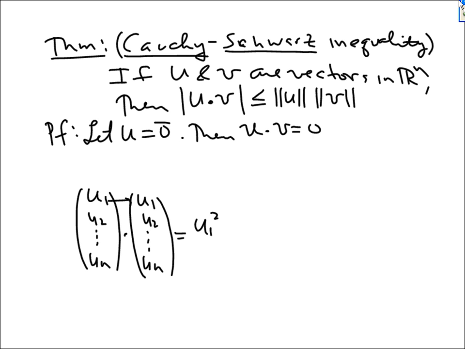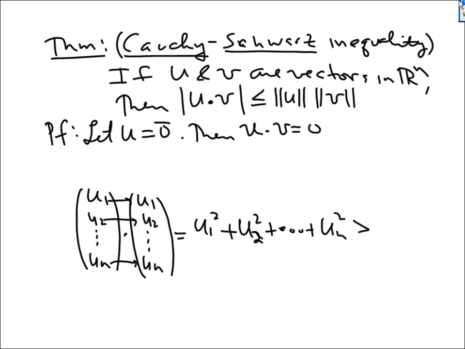If U1 is positive or negative, when you square it, it becomes positive. Plus U2 times U2, U2 squared. That's either 0 or positive. No in betweens. All the way up to plus Un squared.